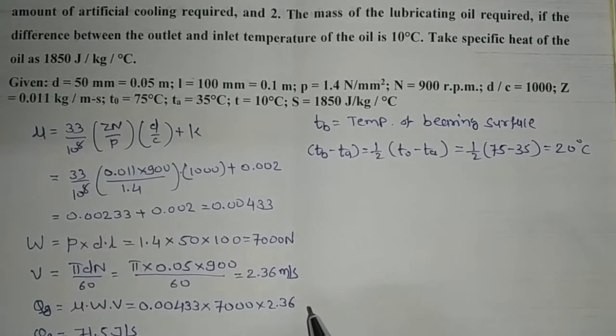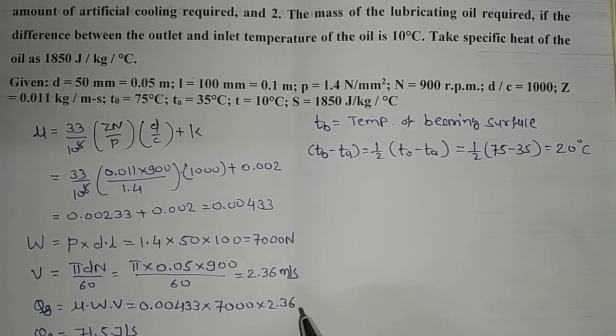Now the value of the heat dissipation coefficient C for the unventilated bearing varies from 140 to 420 watt per meter square per degree centigrade.